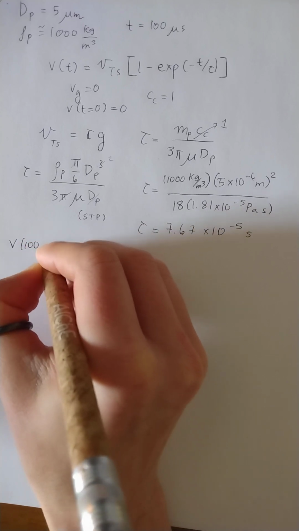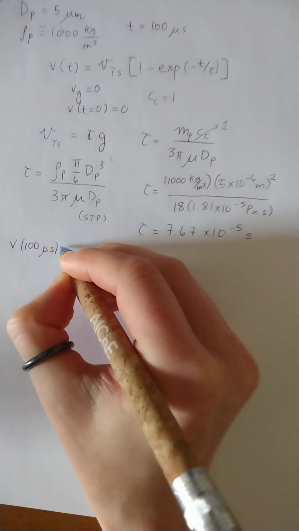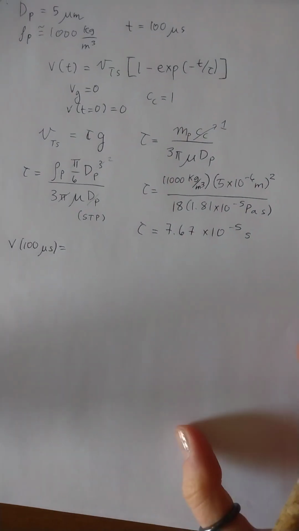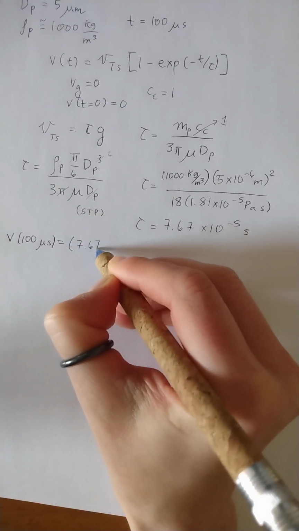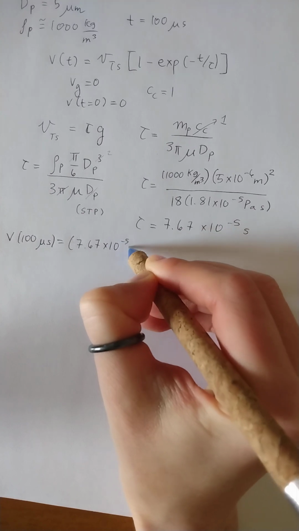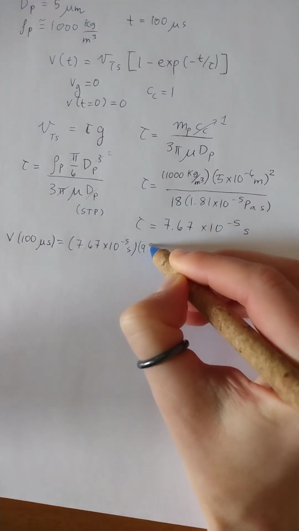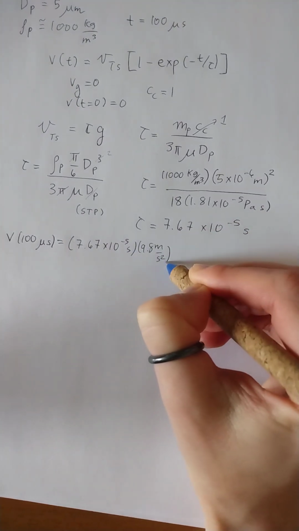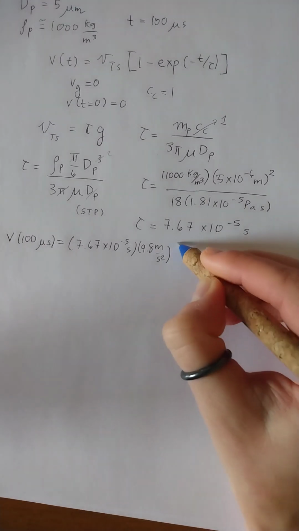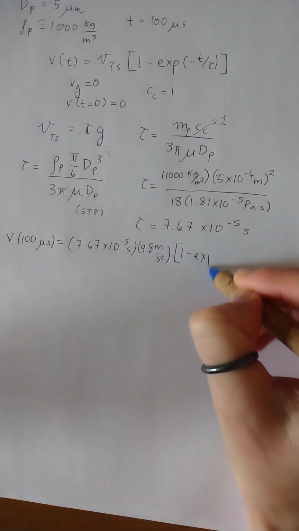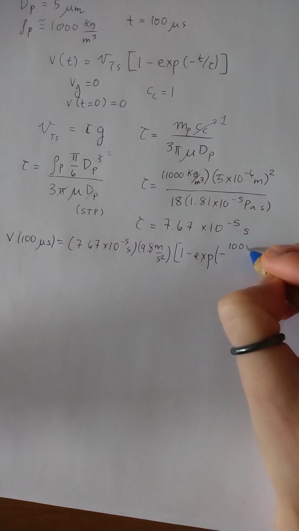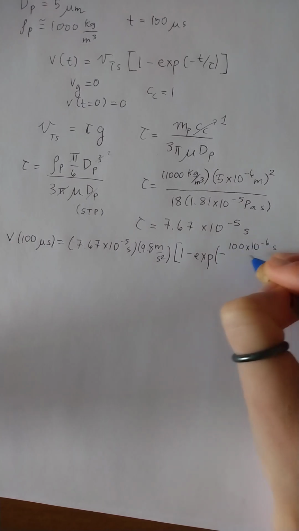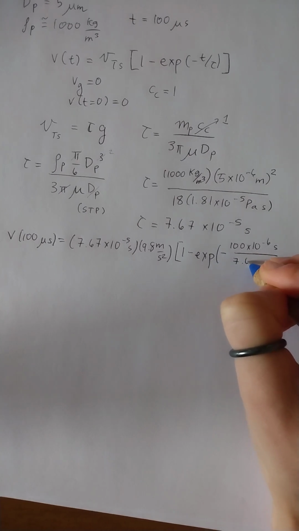So v after 100 microseconds is our terminal settling velocity, which is tau times g, times 1 minus the exponent of negative time divided by tau.